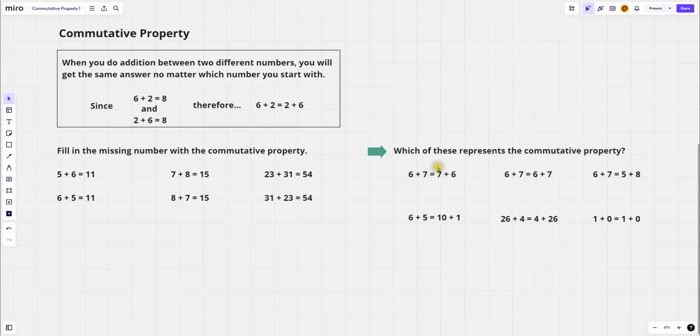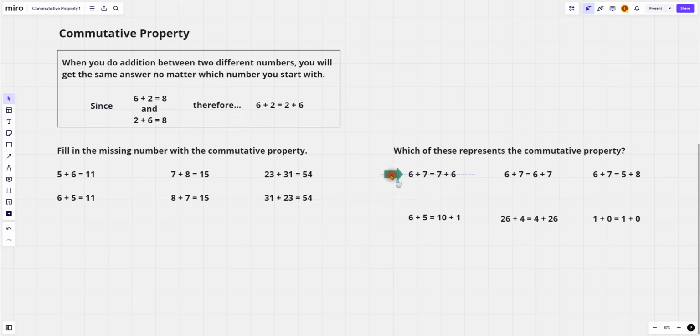Each expression is connected together. Okay, so our expressions are all connected together now. So as we saw at the top here, since 6 plus 2 equals 8 and 2 plus 6 equals 8, then I can say 6 plus 2 equals 2 plus 6. Okay, so we're looking for something that looks like this to be true.